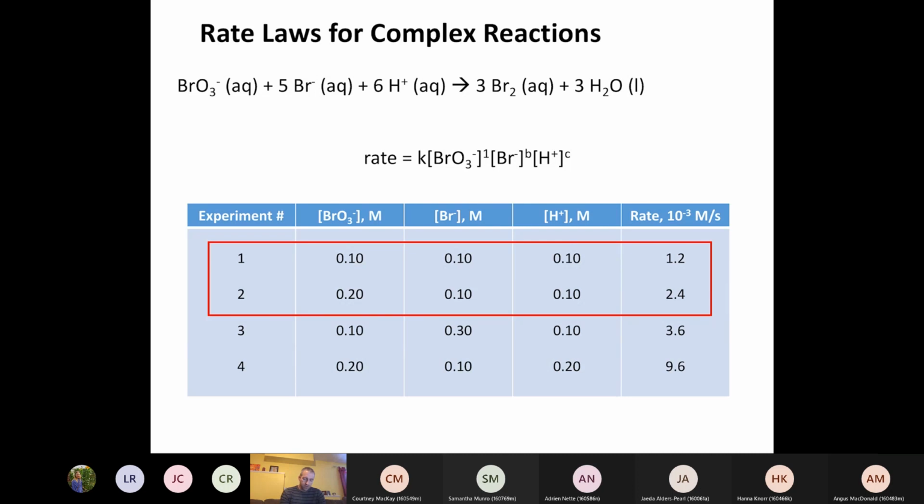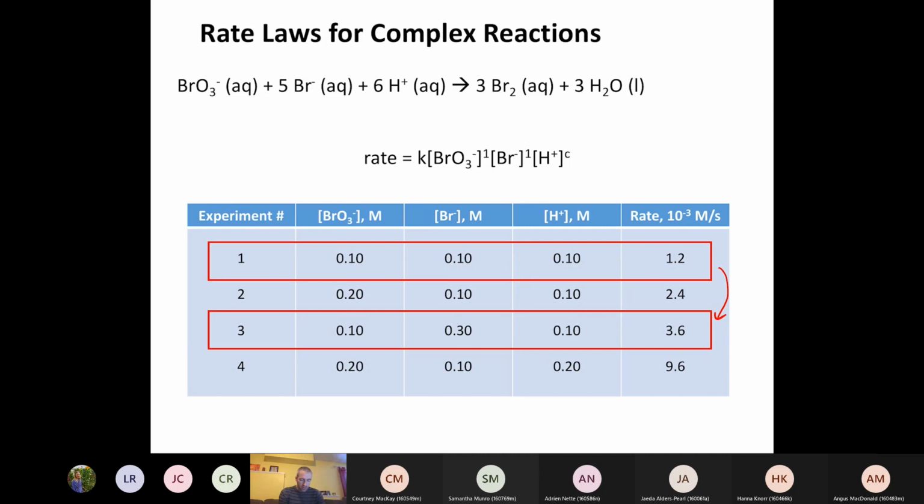Because in the first case, when we double the concentration of BrO3 minus, you double the rate, that means the exponent here is equal to 1. Same thing when you go from experiment 1 to experiment 3: we triple the concentration of bromide while the others are left constant, we triple the rate, that means there's going to be a 1 here as well. So this is how we go about determining what the exponents are for each of the reactants. We need to do these experiments.